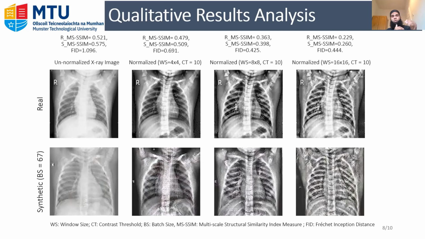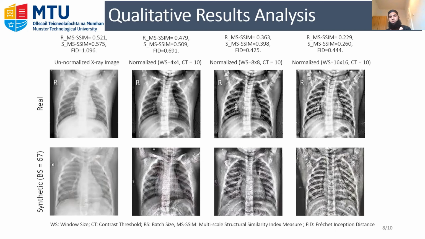And for the MSSIM score, if you look at the very first one, unnormalized X-ray images, we have a real MSSIM score of 0.521 and a synthetic MSSIM score of 0.575. And this is a large difference. If you look at the normalized window size 4x4 using contrast threshold 10, the difference between real and synthetic is lower, which means this technique is helpful to generate highly diversified images as compared to the unnormalized approach.